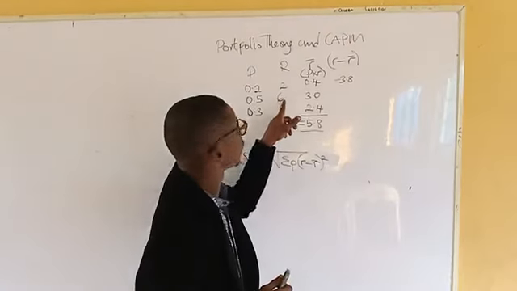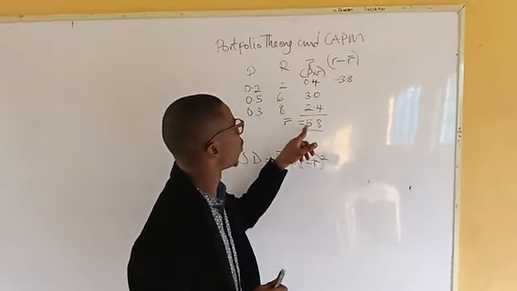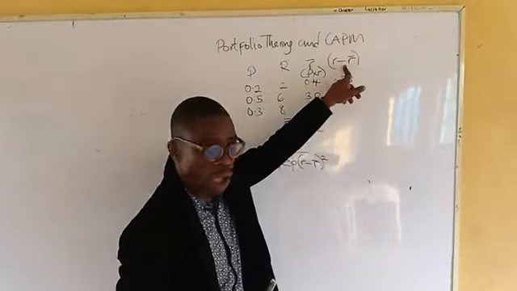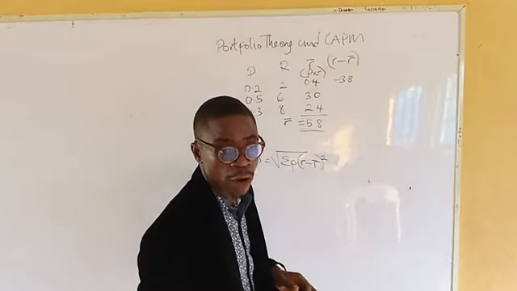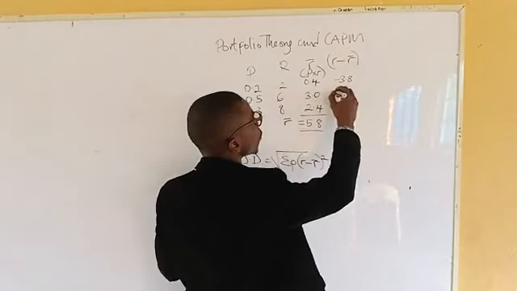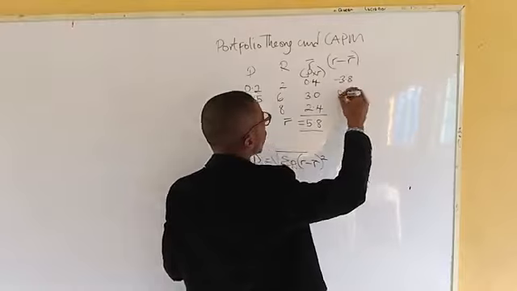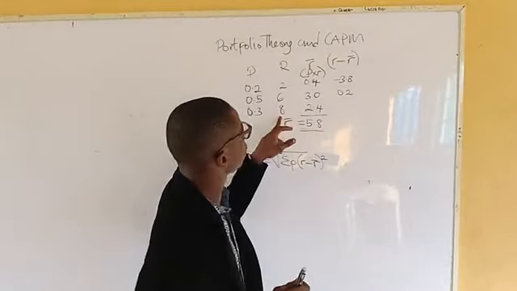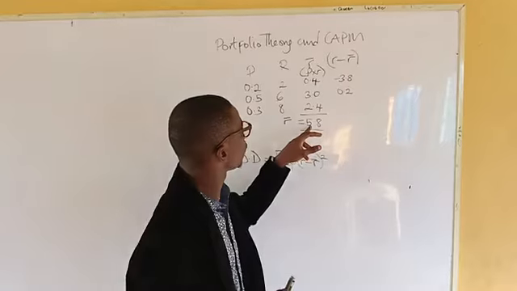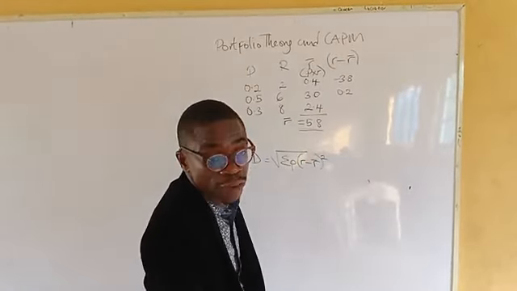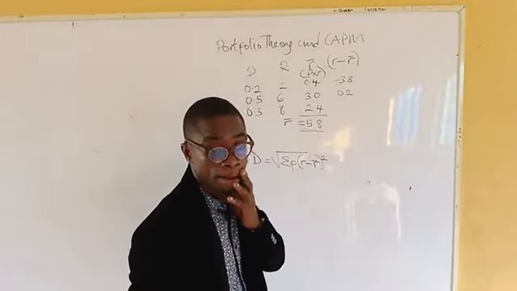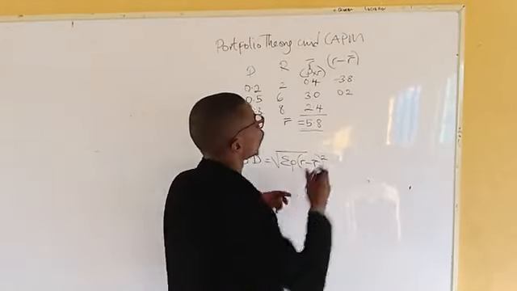Now 6. Let's go to the next one. 6 minus 5.8, I'm following the formula, is what? Is 0.2. 8 minus 5.8 will give us what? 2.2.